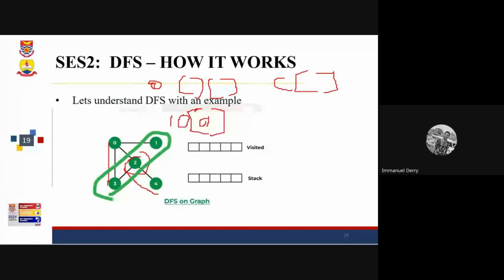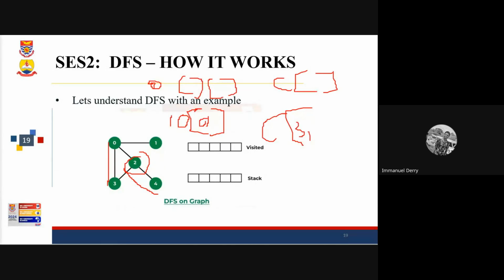But this is DFS, so it's supposed to be 3, 2, 1. So when we explore 0, we have 3, 2, 1 nodes to be explored later. So inside the closed list, that is where we have 3, 2, and then 1.